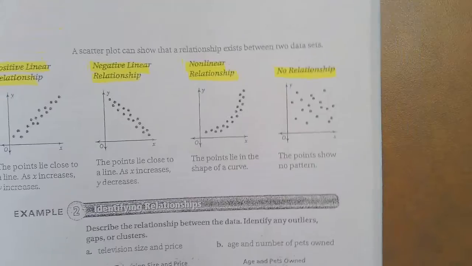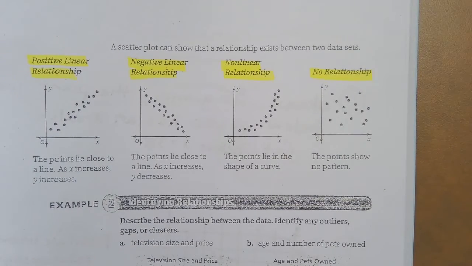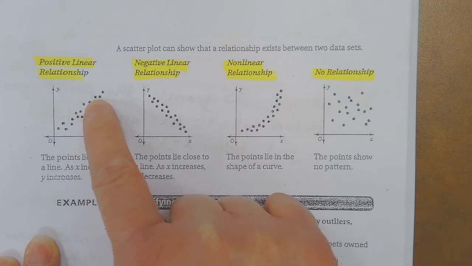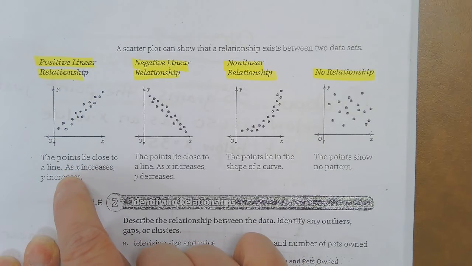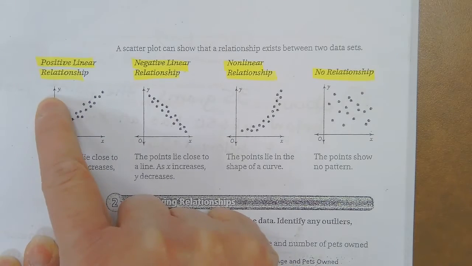The next page, you do need to memorize these. A scatter plot can show that a relationship exists between two sets of data. A positive linear relationship, a point lies close to a line, and as the x increases, the y increases as well.